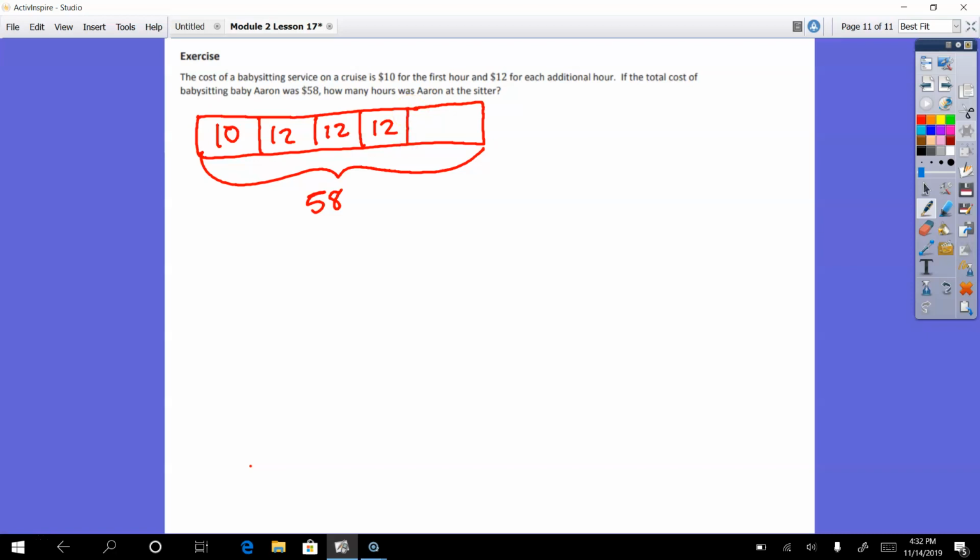Okay, so $10, it's 48. So then how many times can 12 go into 48? And it will go in there 4 times, so I need 4 12s. So that would be my tape diagram.